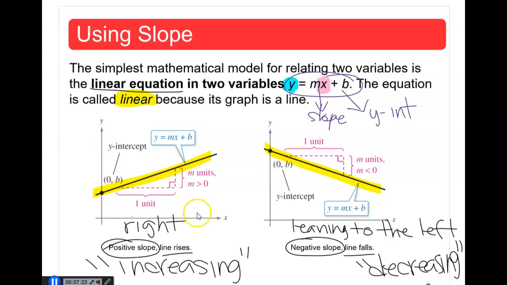We could also see here graphically the y-intercept is going to be located here on the y-axis, and the slope is going to tell us the steepness of the graph. For example, how many units it went up or down from one point to another, and how many units it went right or left from one point to another. But we're going to do some examples in the coming slides.